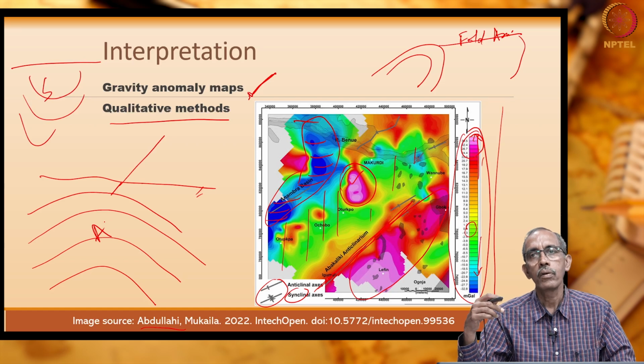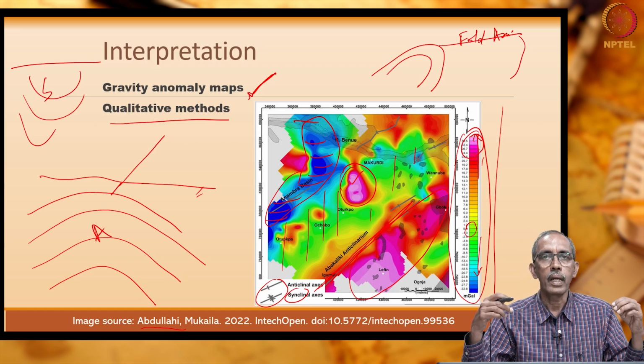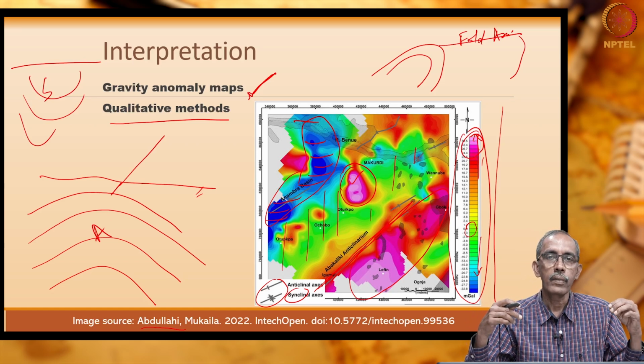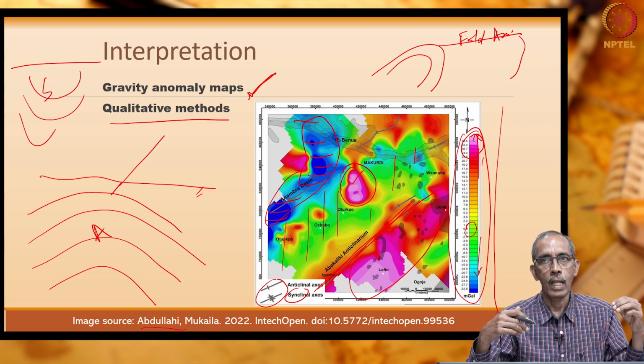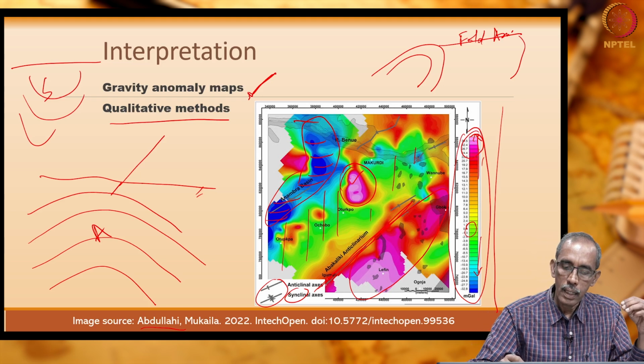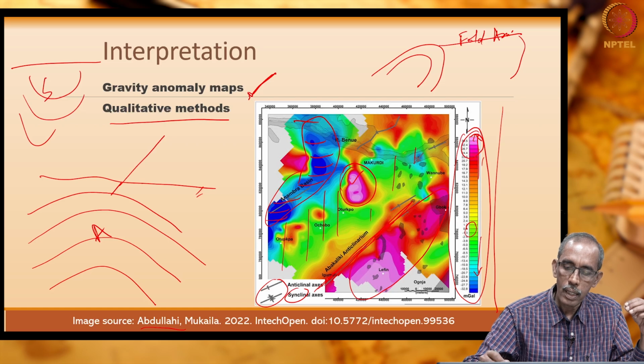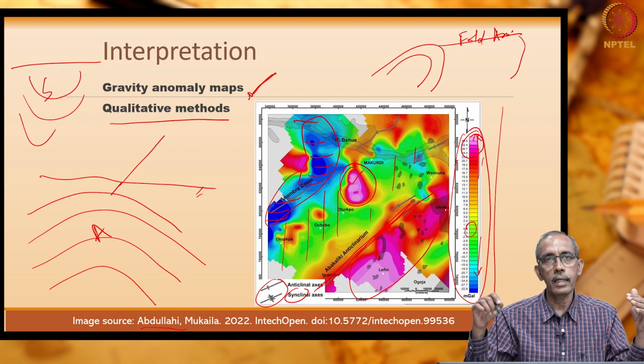So, this is how the interpretation can be made by looking at the gravity anomaly map to decipher locations having higher density rocks or lighter rocks. And here the denser rocks are more or less aligned along the anticline.